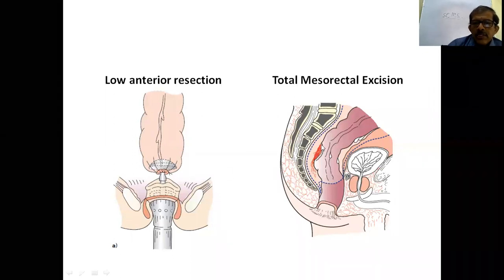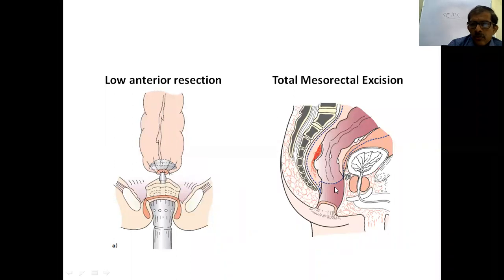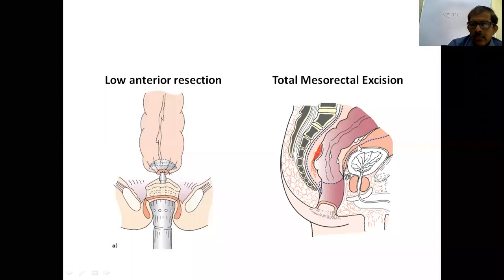So this is total mesorectal excision, where you can see here the growth, and the tissue that is removed is up to the presacrum, and anteriorly superficial to the prostate and bladder. So this is called TME. Okay.